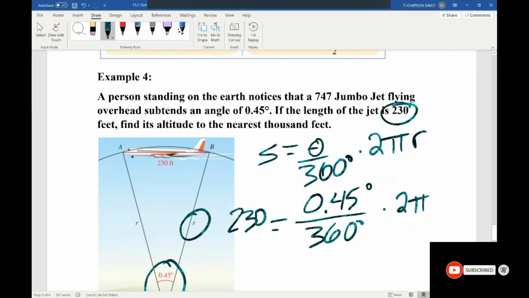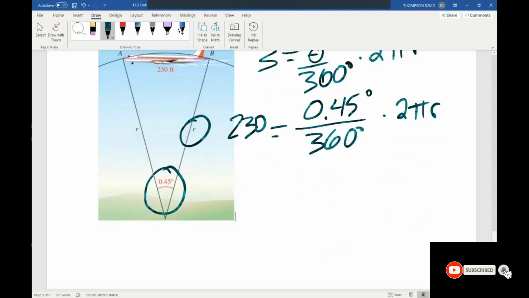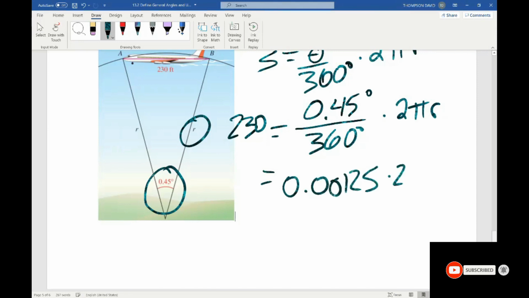So let's start simplifying this mess. 0.45 divided by 360 is 0.00125 times 2 pi r, and that's equal to 230.